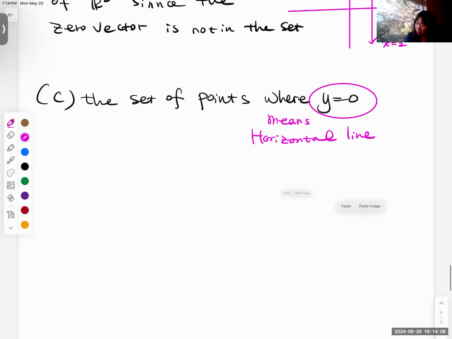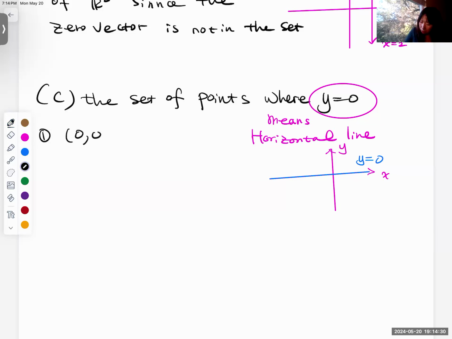So there is x, y. So here, right? So y equal to 0. Okay. We can see that 0, 0 is in the set, right? 0, 0, 0 vector in the set, which is y equal to 0 is the set.